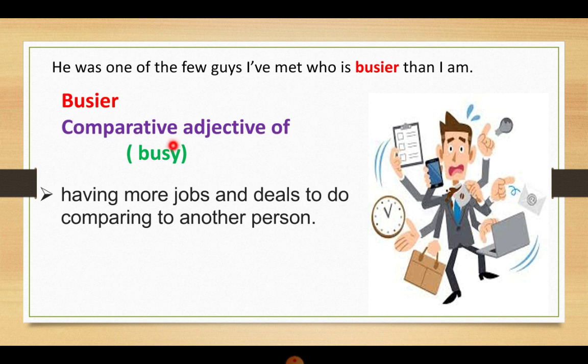We changed Y into I, then I add ER. And don't forget, I put than, busier than. So let's see what change happened. If the adjective ends in Y, it will be changed into I, then I add ER. Okay, perfect. Next.